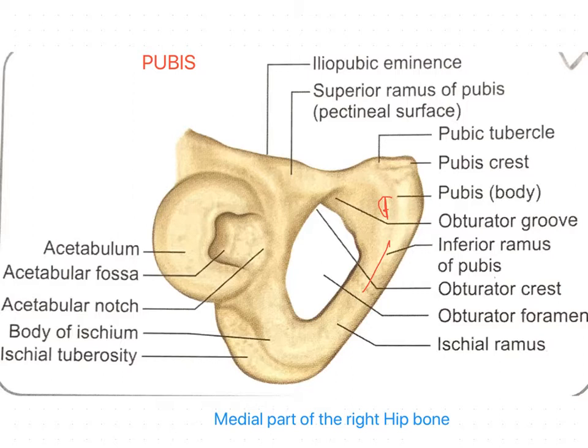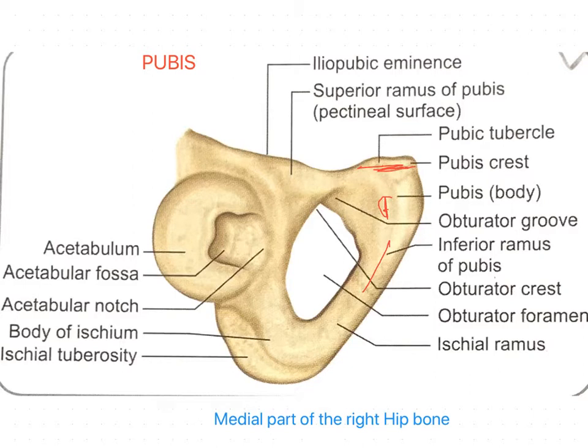Now we will move on to the body. The body is flattened from before backwards, and it has a superior border called the pubic crest, and a pubic tubercle at the lateral end of the pubic crest.